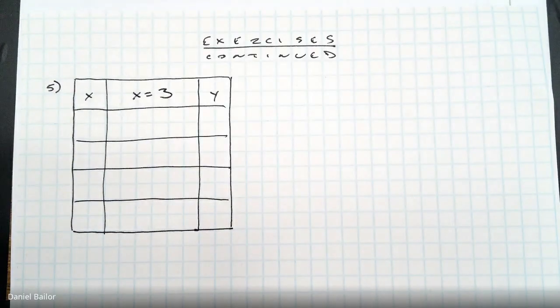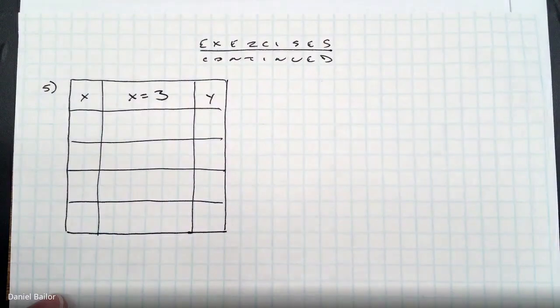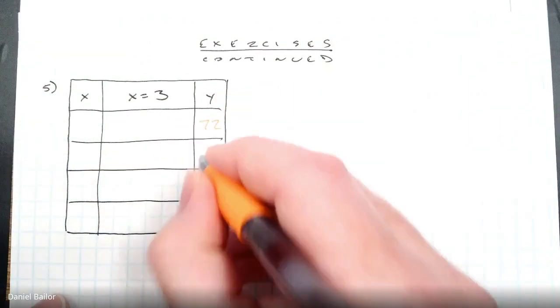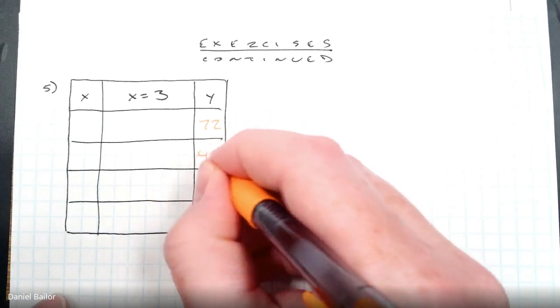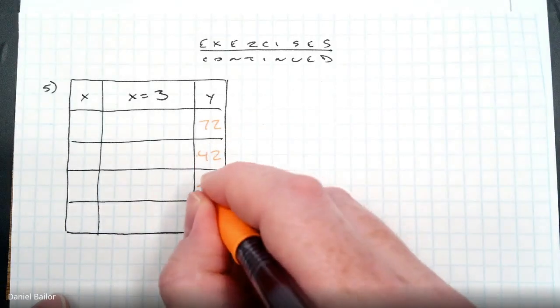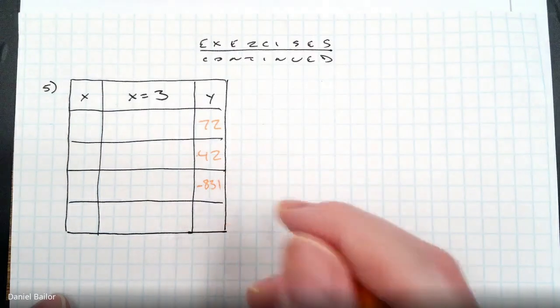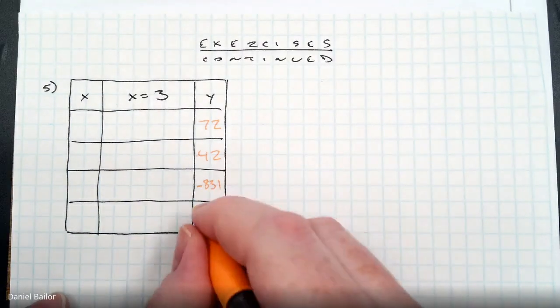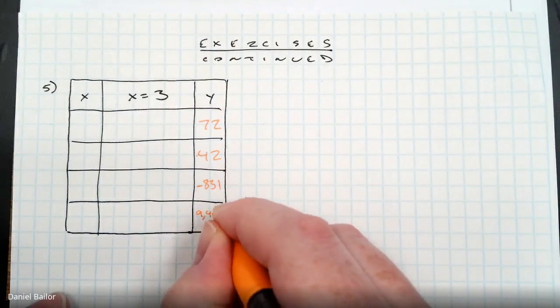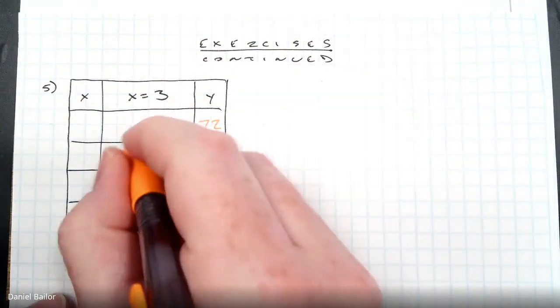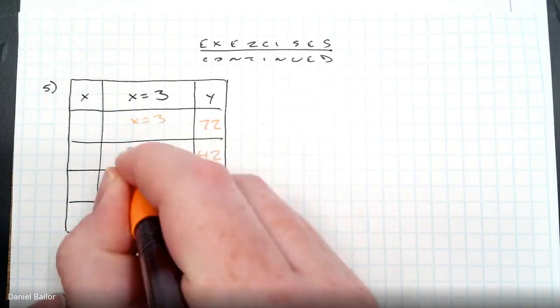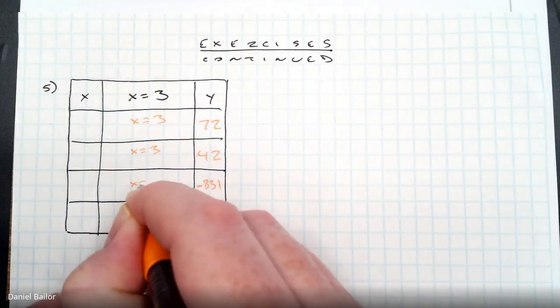Well, let's pick some things for y. For this one, it doesn't even matter. Let's do 72. Let's do 42. Let's do -831. Let's do 9,458.5. Because it doesn't matter what y is.